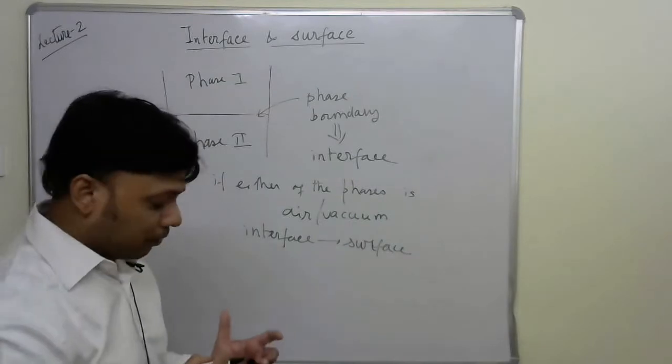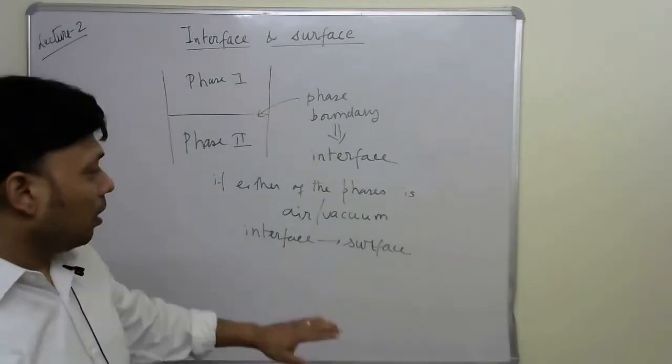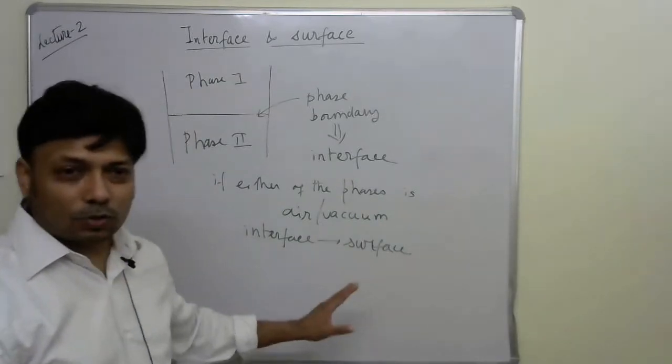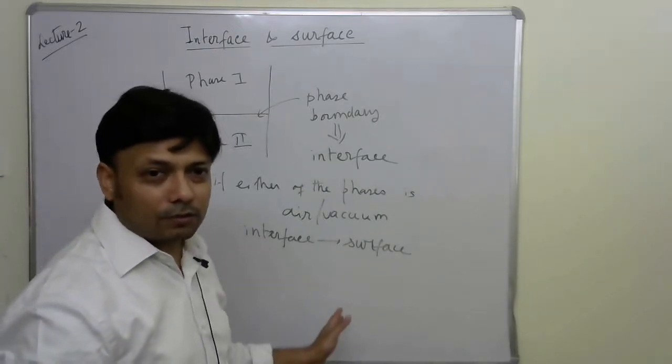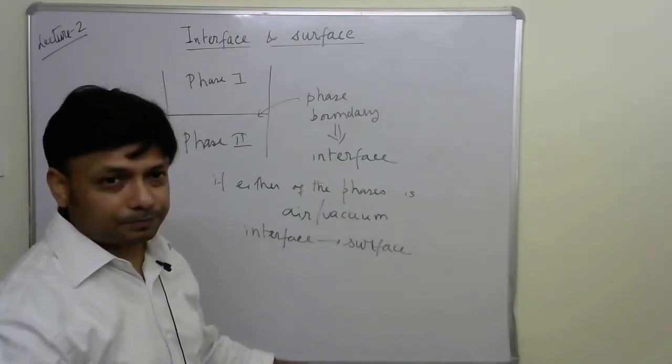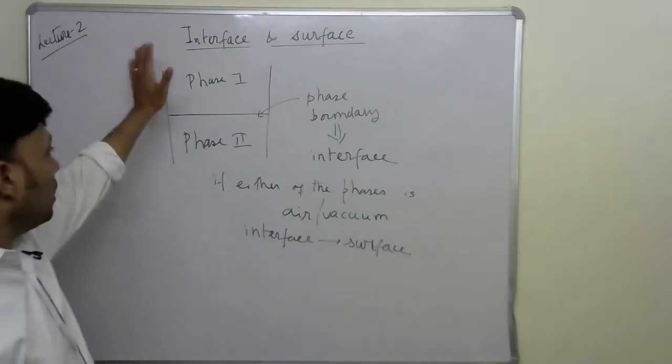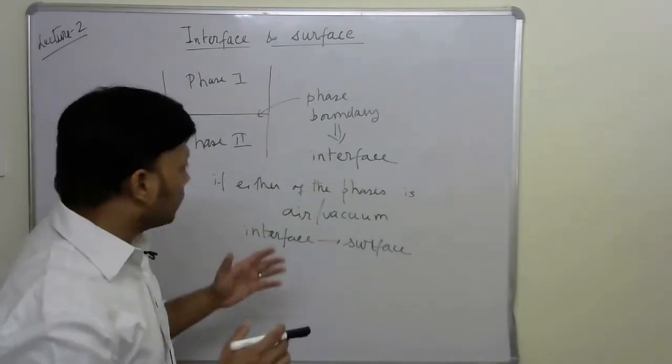So that's the only difference. So that means all surfaces are actually interfaces, but not all interfaces are surfaces. Okay, so I think with this things are a little bit clear.